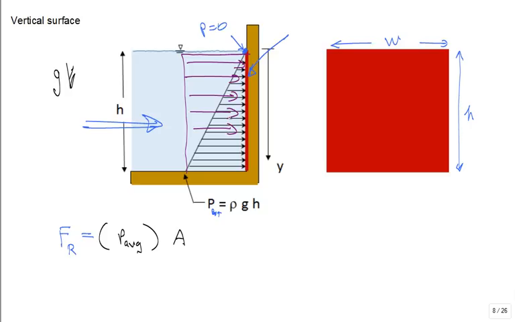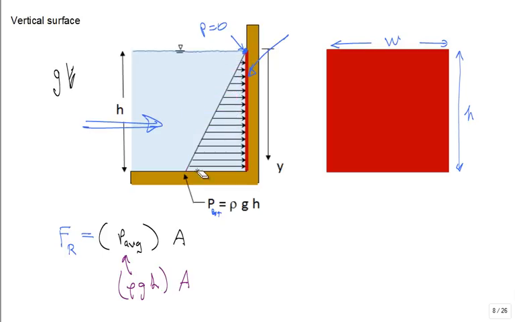That average pressure would be just the pressure rho g h, and then multiply by the area. But I don't have a rectangle where it's all rho g h. I have it going from 0 at the top to the maximum of rho g h at the bottom.